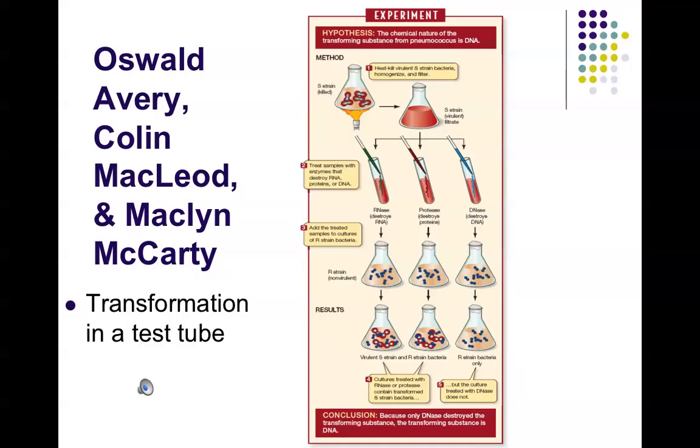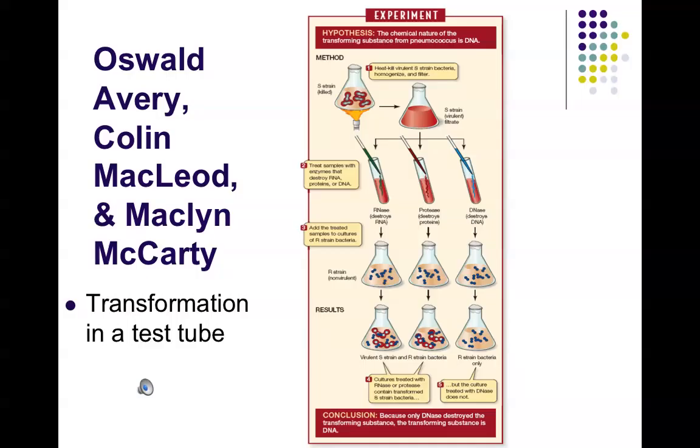If you mixed the chemicals again into let's say a third test tube or flask, but this time added DNase, or enzymes that would inhibit the function of DNA, then these scientists discovered that transformation did not occur.